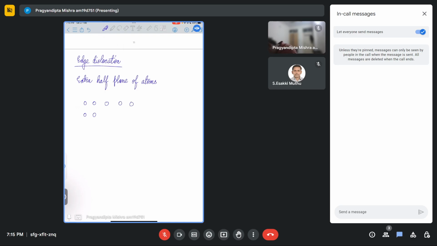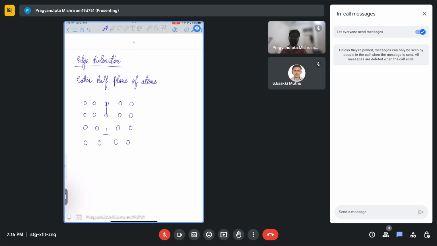The next layer will also have 5 atoms. The third layer suddenly has only 4. Then consequent layers only have 4 atoms. So there is one layer here which does not have a corresponding one. So this does not lie exactly below those atoms. This will suddenly shrink a little bit. Okay, so here we'll have formation of a dislocation.